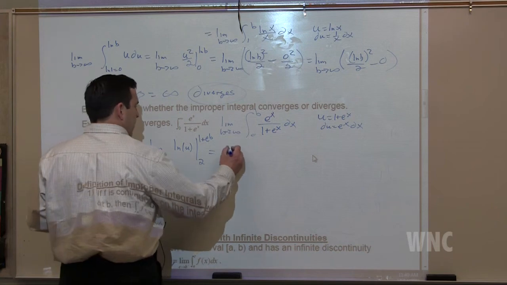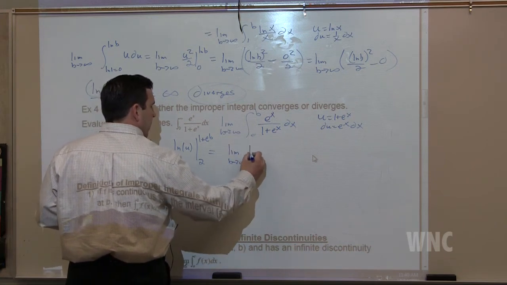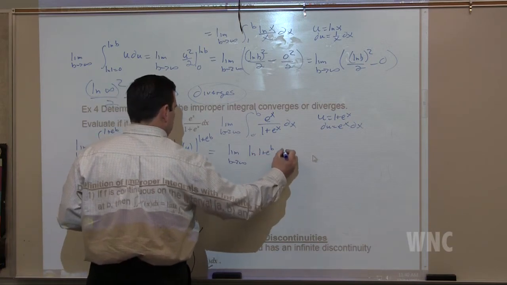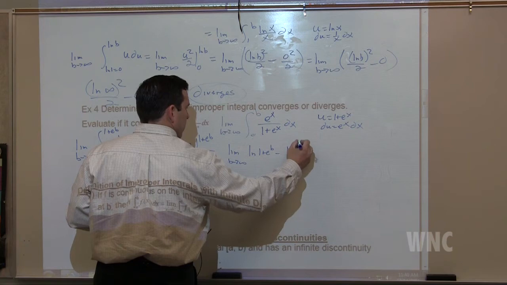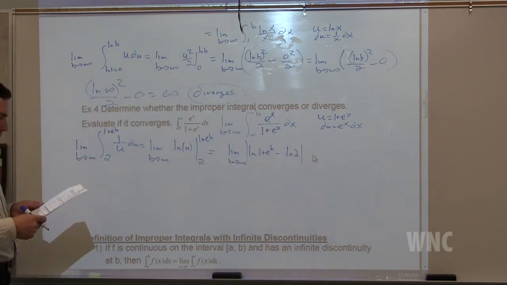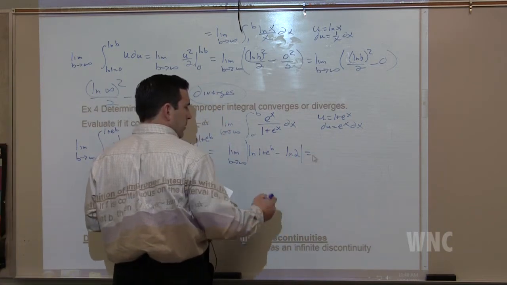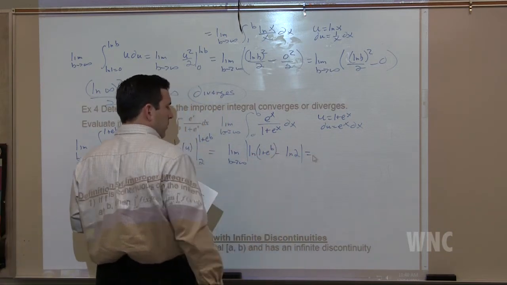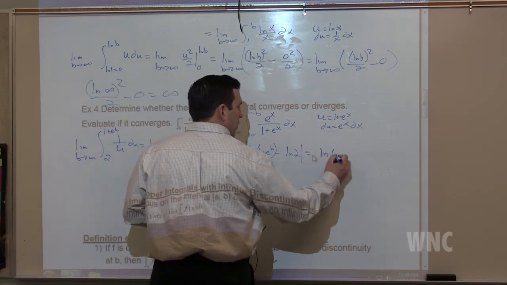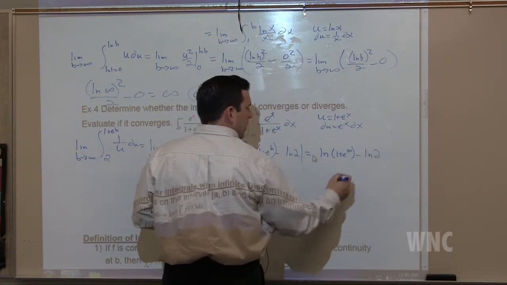So we have the limit as b goes to infinity of the natural log of 1 plus e to the b minus natural log of 2. So we're looking at natural log of 1 plus e to the infinity minus natural log of 2.